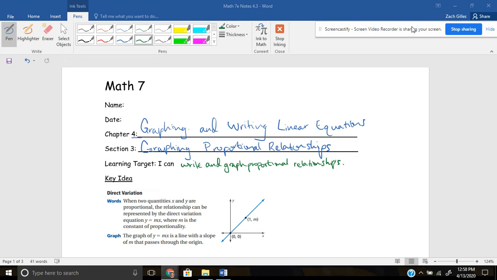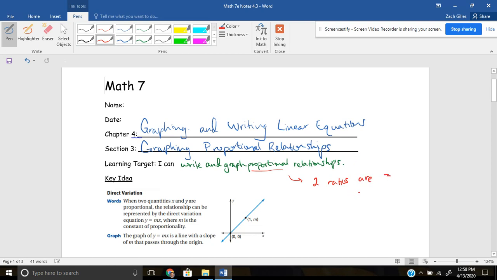I want to start today by asking you: in our section title here, it says proportional relationships. Well, what is a proportional relationship? What's a proportion? If you remember back last year or even a couple years ago, you talked about proportions, and that's just an equation stating that two ratios are equivalent.